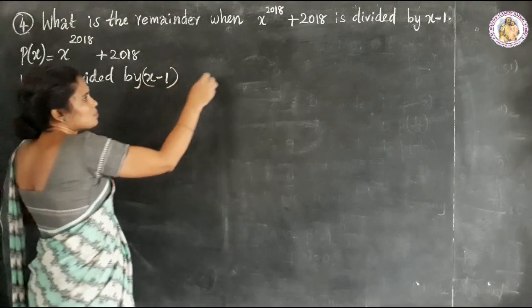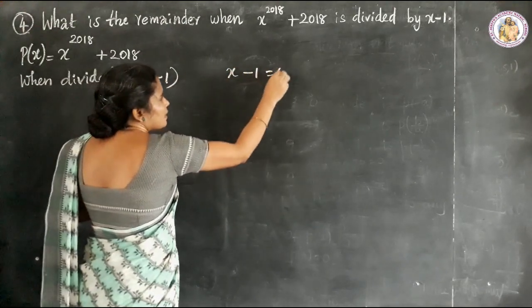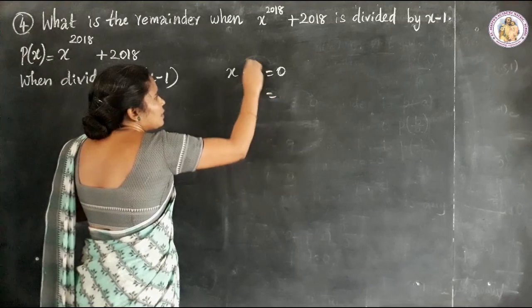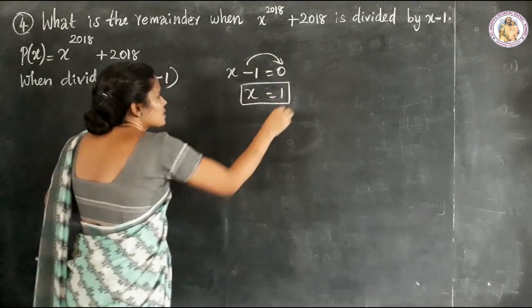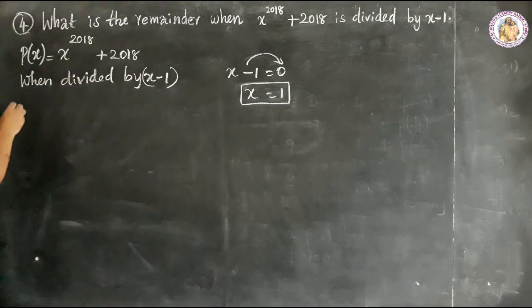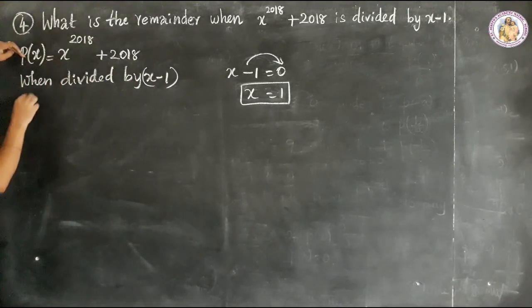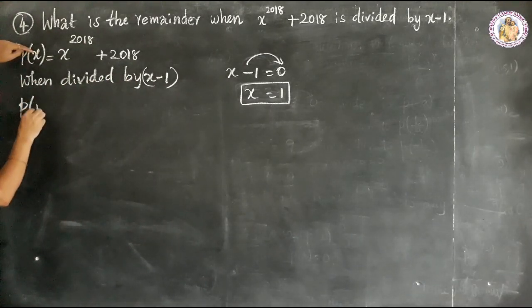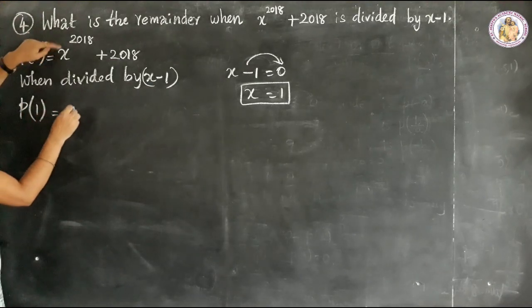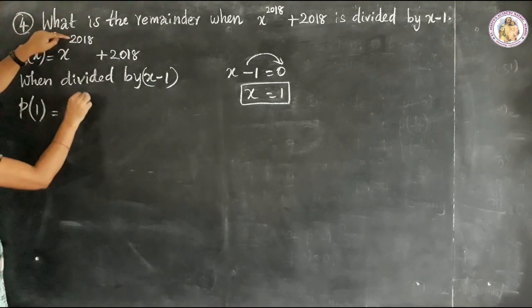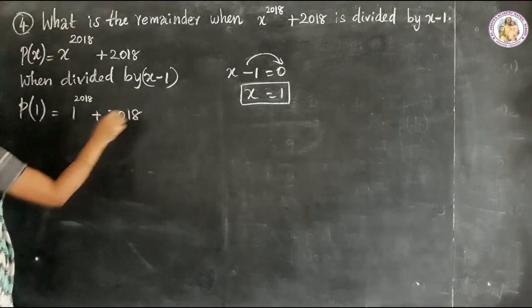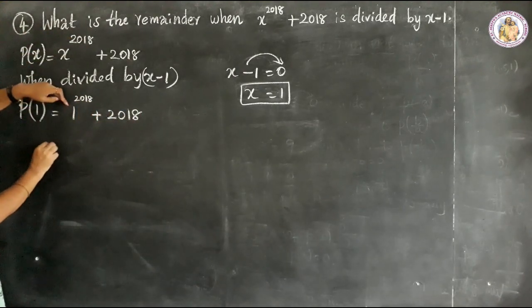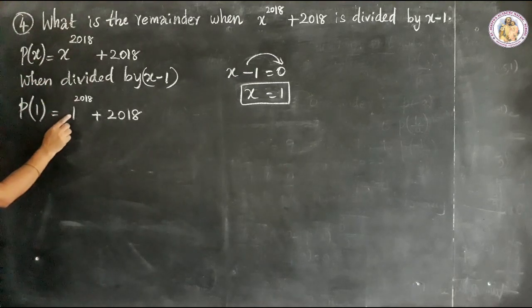When divided by x minus 1 is equal to 0, x is equal to minus 1. When it comes here, it becomes plus 1. So x is equal to plus 1. Now take P of x, in the place of x apply 1, is equal to 1 to the power of 2018 plus 2018.